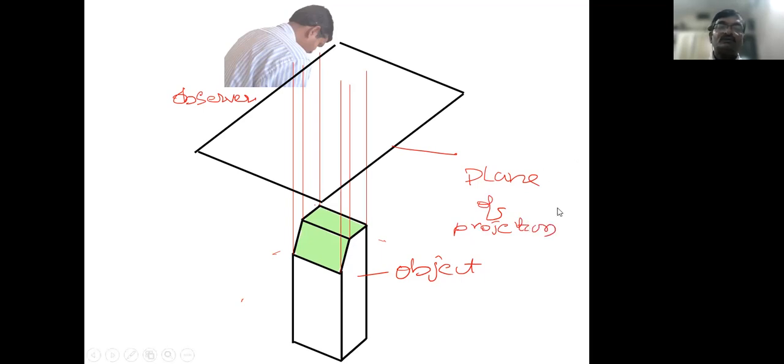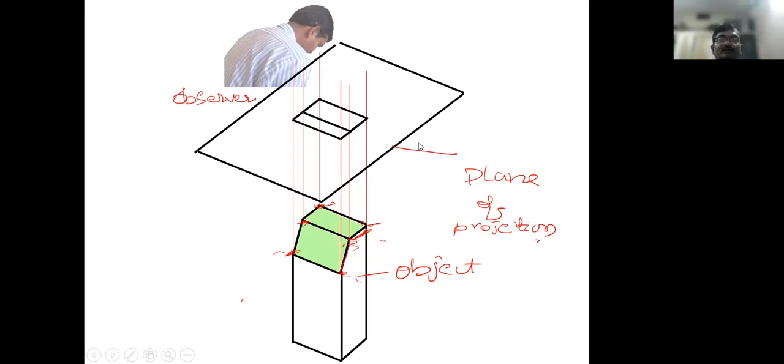Now when you draw the views like this, there are horizontal edges, and slant edges. Now the slant edge we get here like this, on the horizontal, another slant edge here.